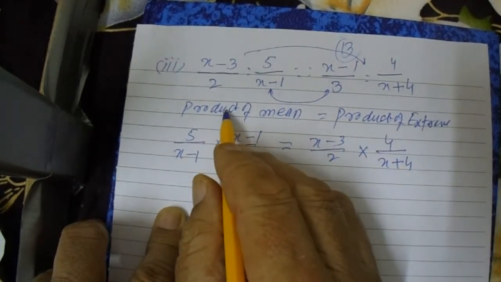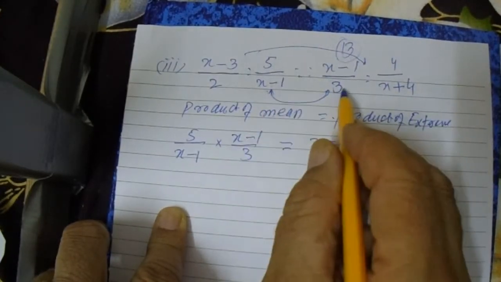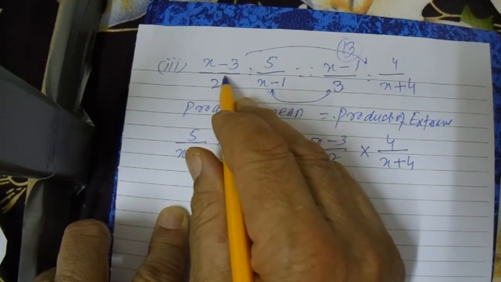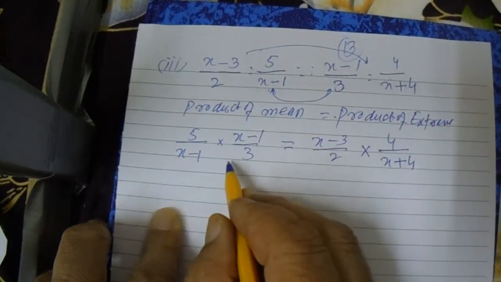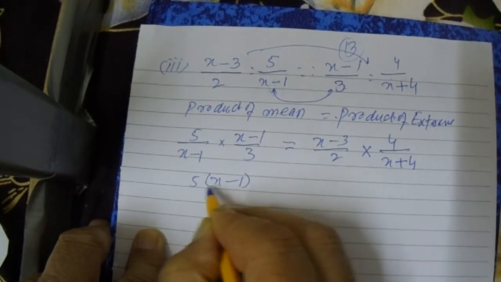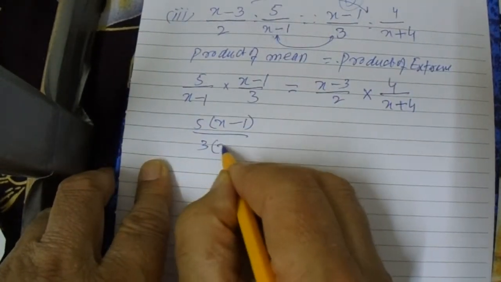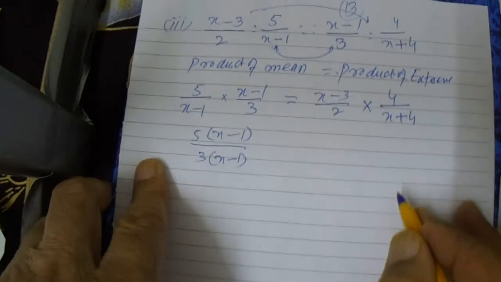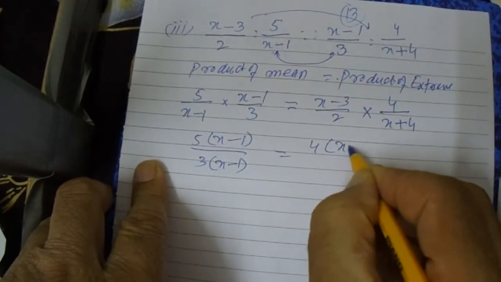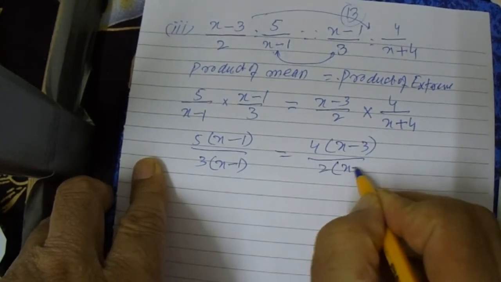The product of means is equal to the product of extremes. Now 5 into x minus 1 over 3 multiplied by x minus 1 is equal to 4 multiplied by x minus 3 over 2 multiplied by x plus 4.